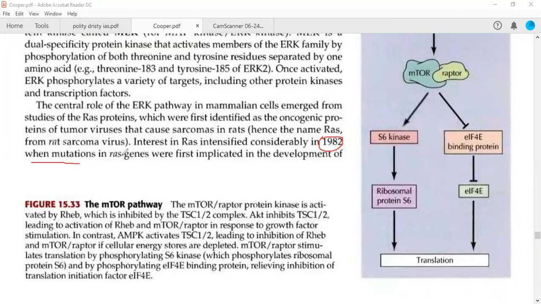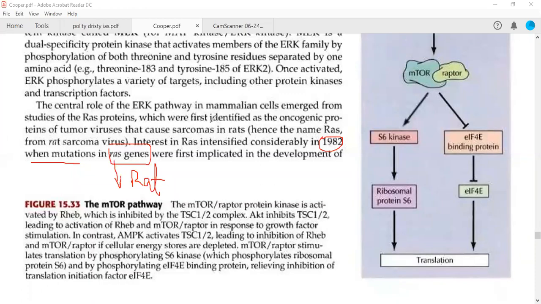If there is some mutation in this particular gene that is called the RAS gene, this RAS is for rat, and S for sarcoma. So this is rat sarcoma. In rat, there is one kind of tumor that is called sarcoma, seen in 1982, and it was because of mutation in this particular gene.